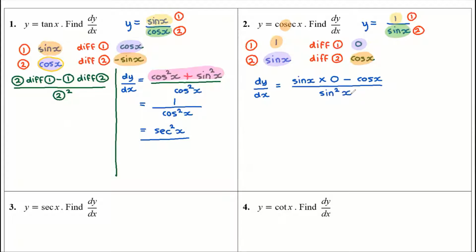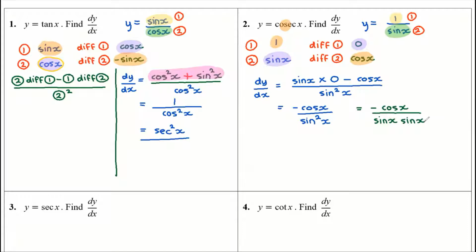Let's just tidy this up now. This is going to be negative cos x over sine squared x. There's a bit of a clue here with the negative sign, isn't there? How can I think of this? As a little aside, I could think of this as negative cos x over the product of sine x and sine x, sine squared x.